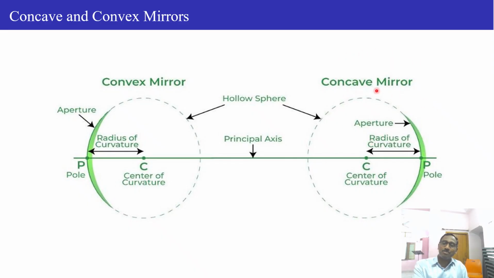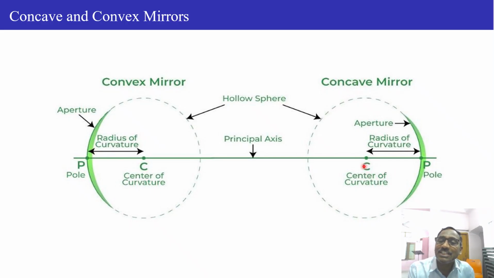So assume this is a sphere. If we cut it, here the inner curved surface is a reflecting surface. The outer curved surface is the painted surface, silver coated. So that is a concave mirror. Why are we saying this is a concave mirror? If the inner curved surface is a reflecting surface, we say that mirror is a concave mirror.